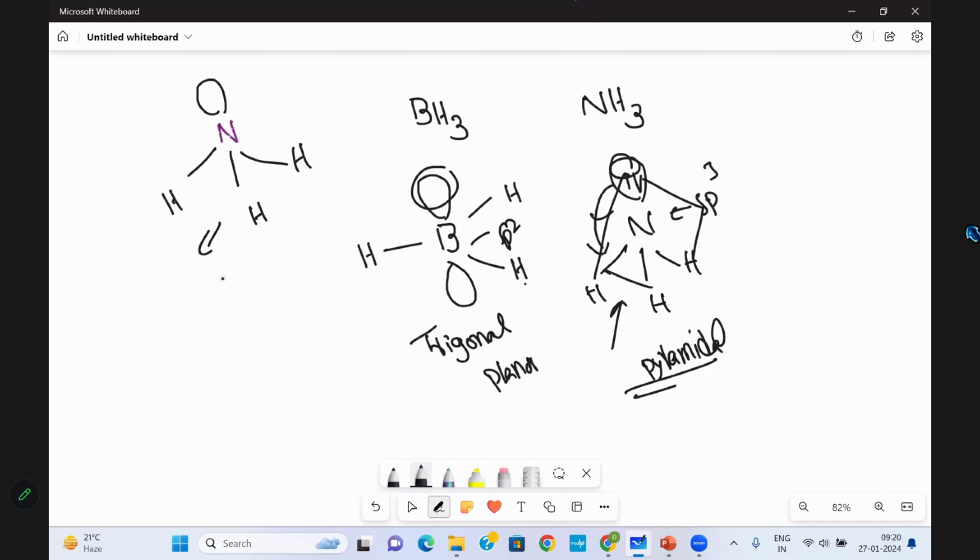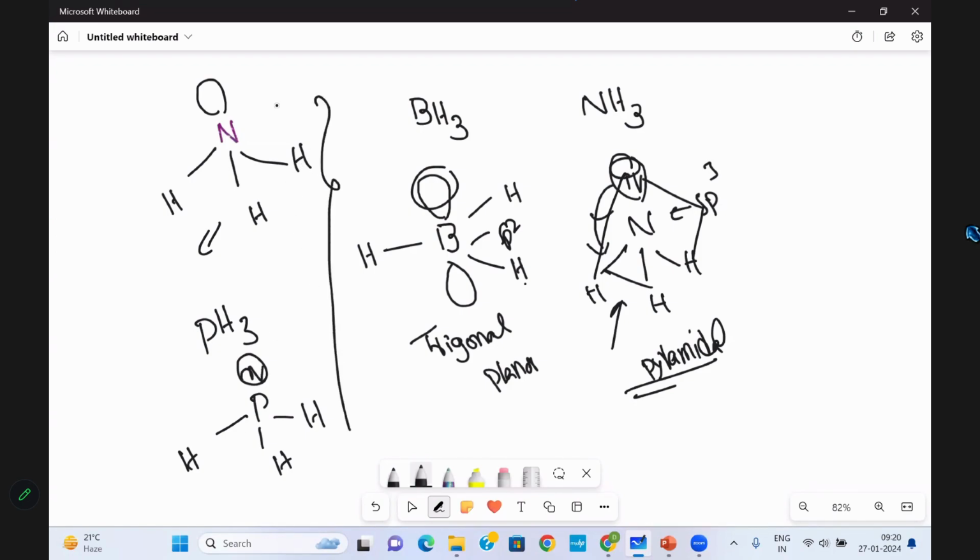Similarly, here we have PH3. Phosphine is also a gas, like ammonia, and also has pyramidal geometry with one lone pair of electrons.